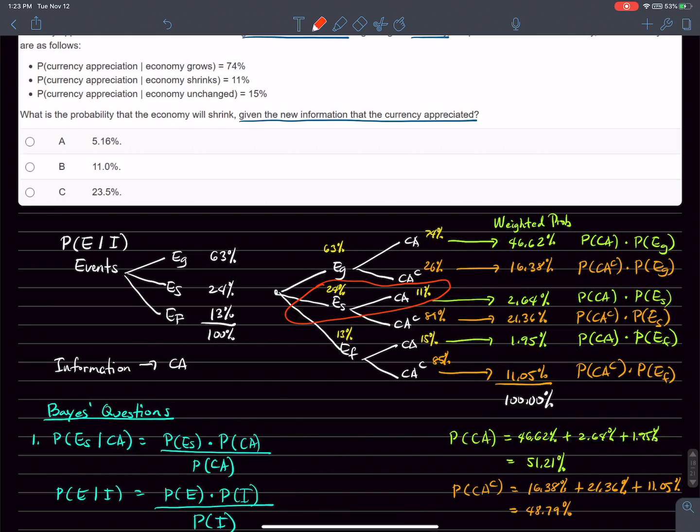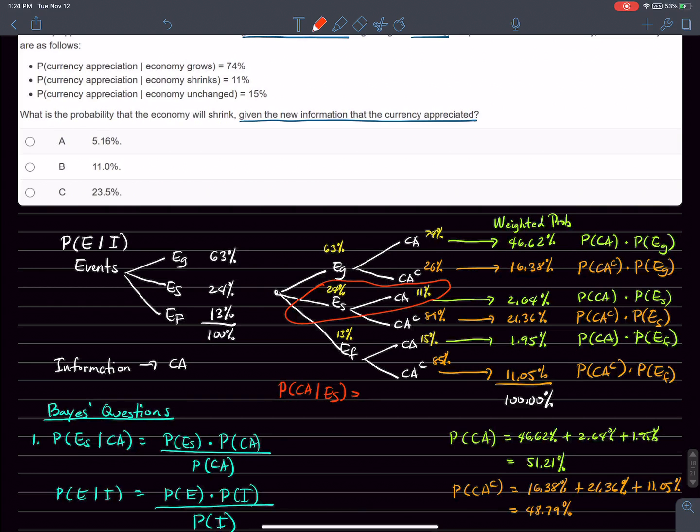So what is the probability of currency appreciating given the economy shrinking?